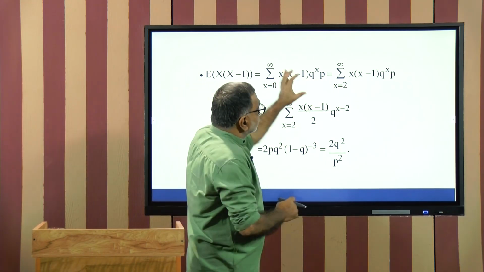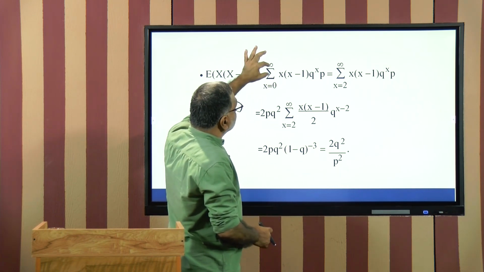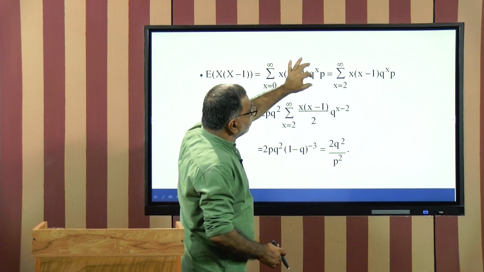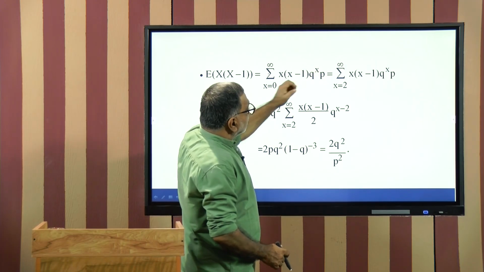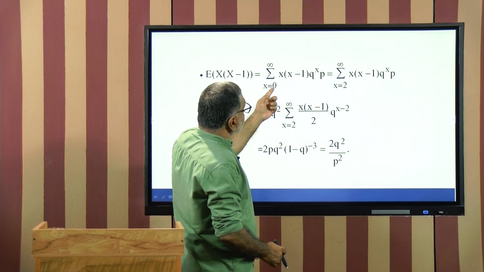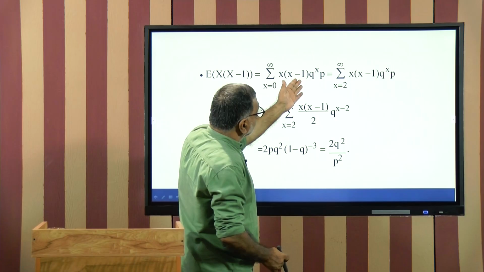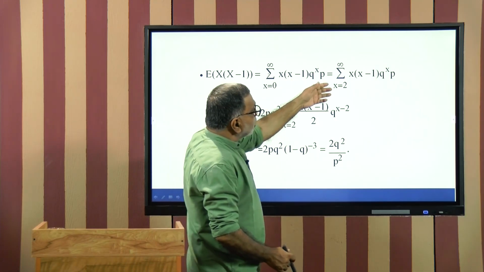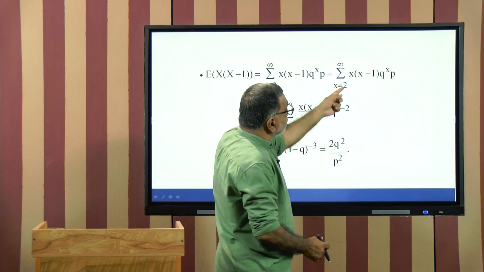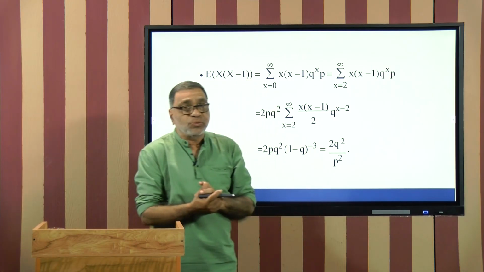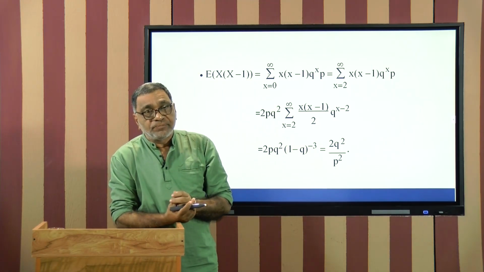And see, this is sigma x equal to 0 to infinity of x into x minus 1 into q to the power x into p. When you substitute x equal to 0, this becomes 0, and x equal to 1, this becomes 0. So, this infinite series starts from x equal to 2 to infinity of x into x minus 1 into q to the power x into p.